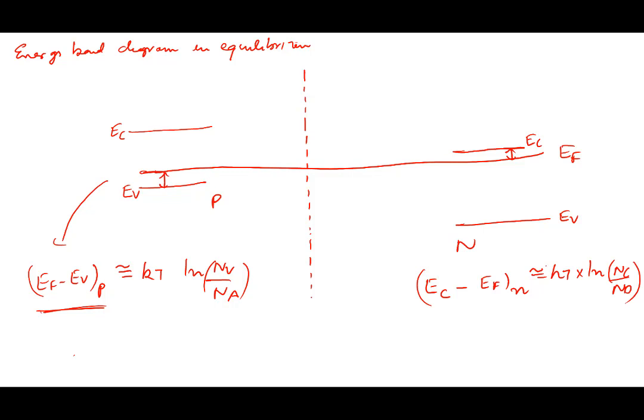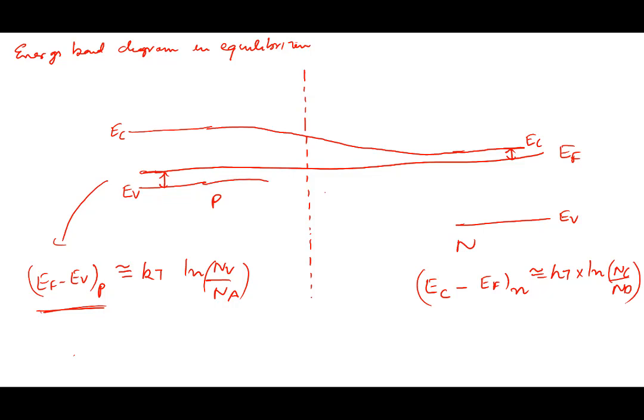Now, we don't know exactly how EC and EV go as you approach the junction, but we know it's going to be a continuous curve. So what we do is we just connect it by a continuous curve.